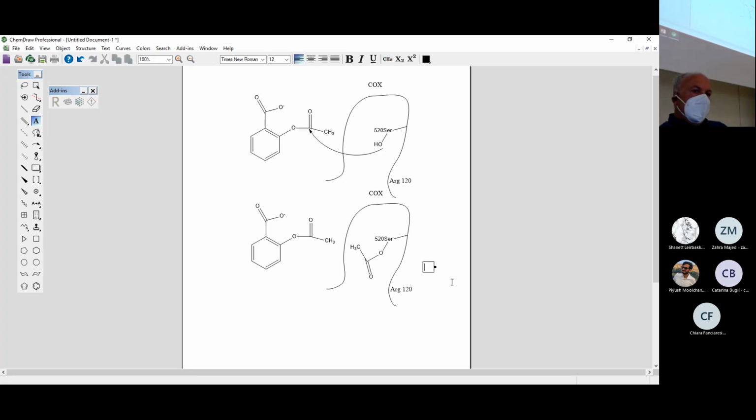But why is this reaction, called transesterification, possible? Because normally acetylsalicylic acid is stable. But please, you have to see the presence of the acidic function.